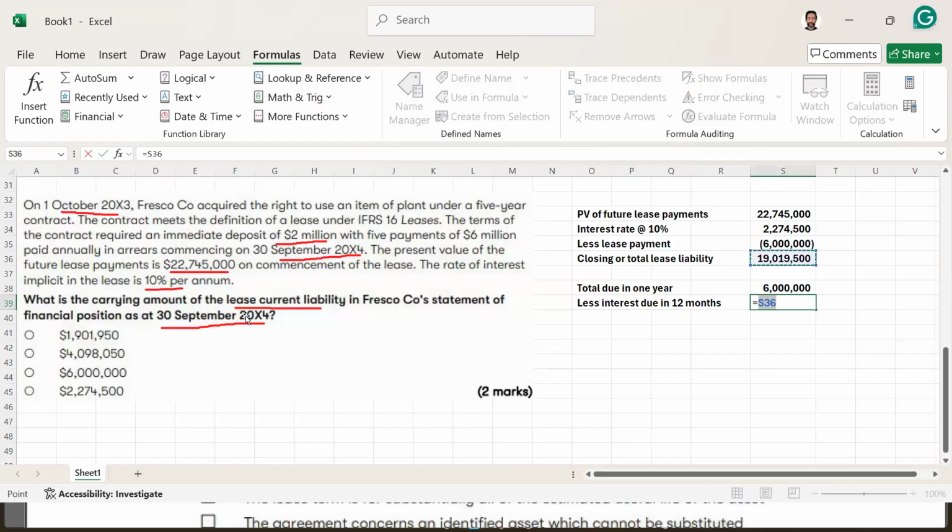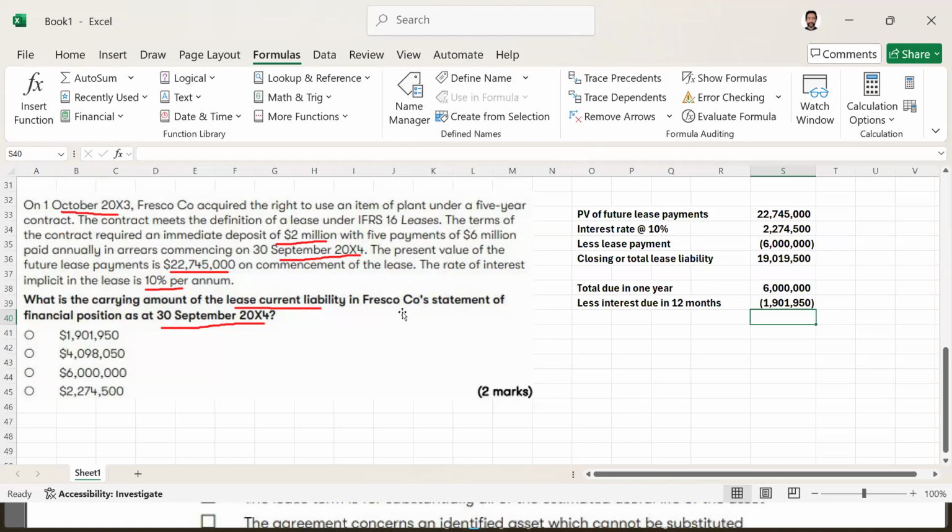So we take the closing lease liability and we apply the 10%, and that is the interest that is due. Okay, so we take this value multiplied by 10%. So this is the interest that is due in 1 year's time. This can only be charged if that period has taken place. Since that period has not taken place, we are trying to calculate the current liability portion at 30th of September 2024. And the 30th of September 20x5 hasn't happened.